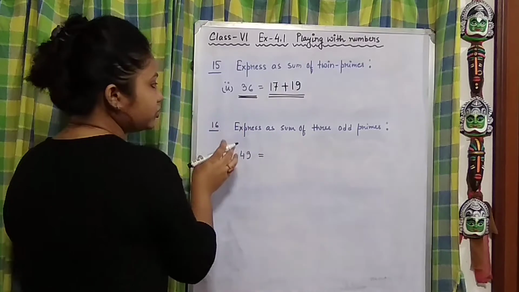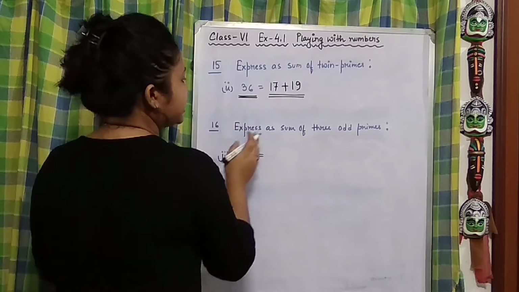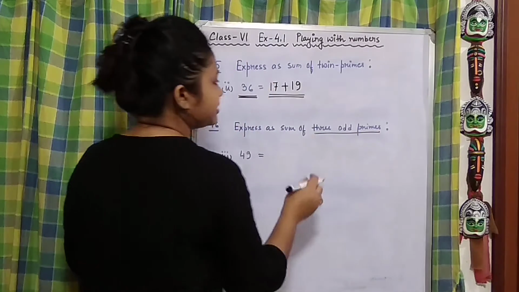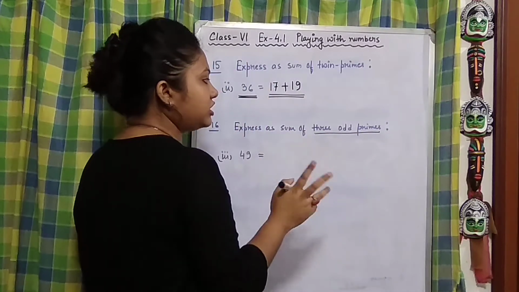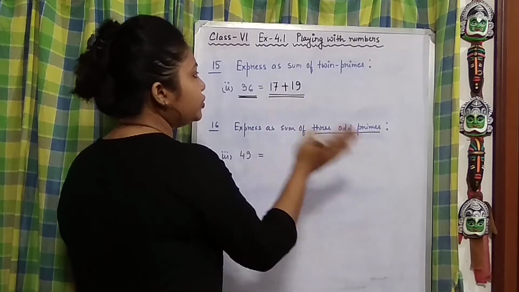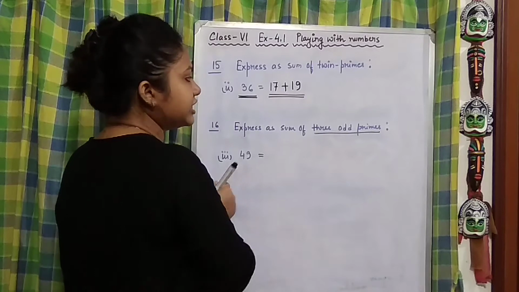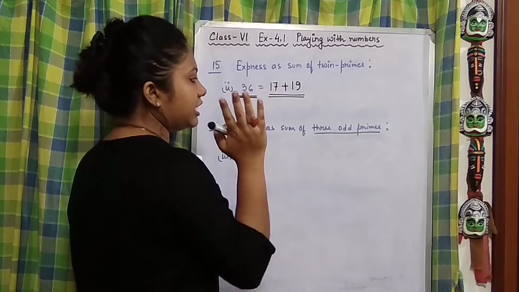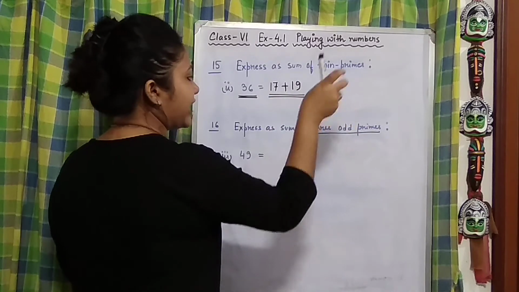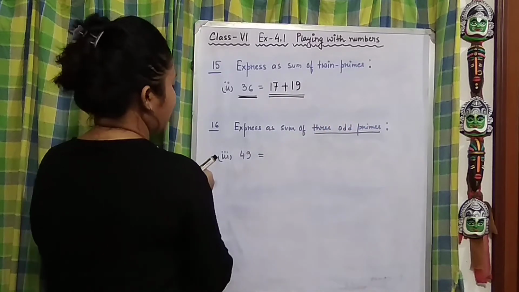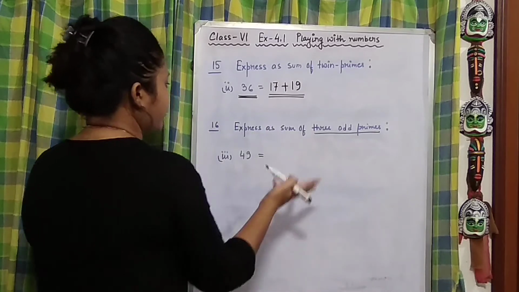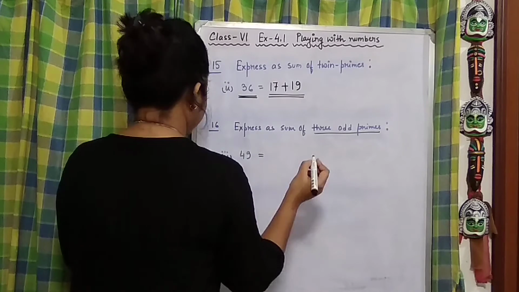Now coming to the last one for today: express as the sum of 3 odd prime numbers. 3 odd primes. It must be prime, odd, and 3 numbers. You don't have to find consecutive prime numbers, but it should be 3 numbers, odd and prime. So how can we add up 3 odd prime numbers to get 49?